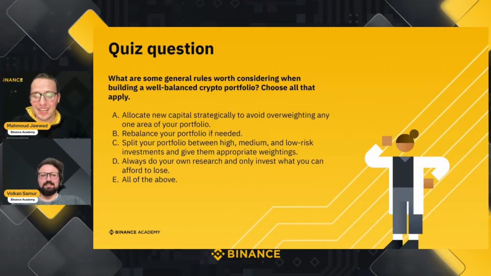B, rebalance your portfolio if needed. C, split your portfolio between high, medium, and low risk investments and give them appropriate weightings. D, always do your own research and only invest what you can afford to lose. Or is it E, all of the above?